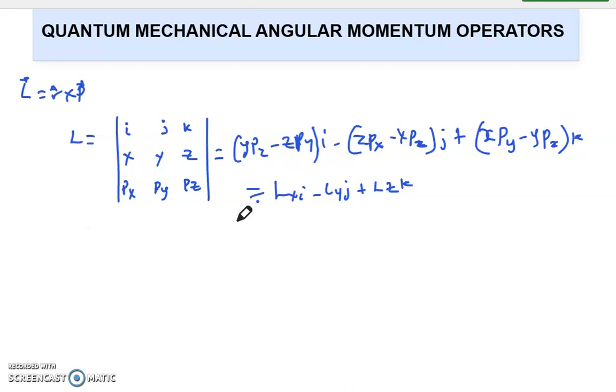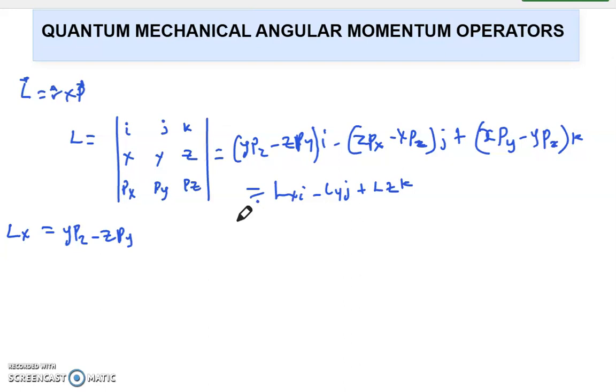Lx in this case is going to be given as y pz minus z py, like we have here. On the right side of the equation, as we can see, are two components of position and two components of linear momentum.